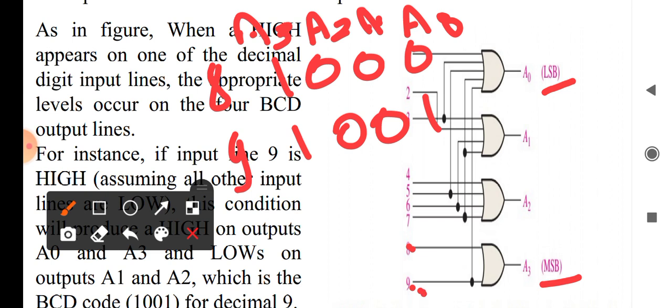For 8 and 9 inputs the A3 should be high, that is active high, and A0 should be high for decimal 9, decimal 7, decimal 5 and decimal 3, and decimal 1 also. Decimal 1 also must make it high. So at those times we add all of these together and apply it to the OR gate. Then A1, whenever it should be high, accordingly we add those and give it to the OR gate. That is all, it is simple.